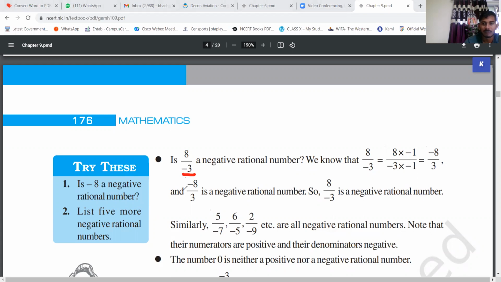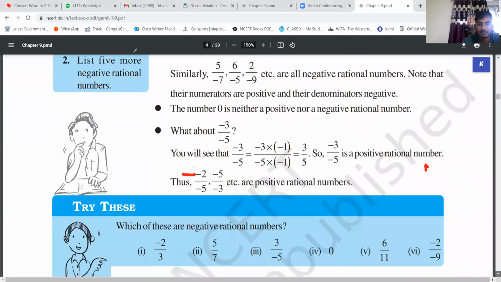Now you can see here also what I told you. 8 upon -3 was there. So here it is positive, so what they did is they multiplied by -1. So they got +3 and -8. I hope that part is clear to you. Similarly, I'm scrolling down.